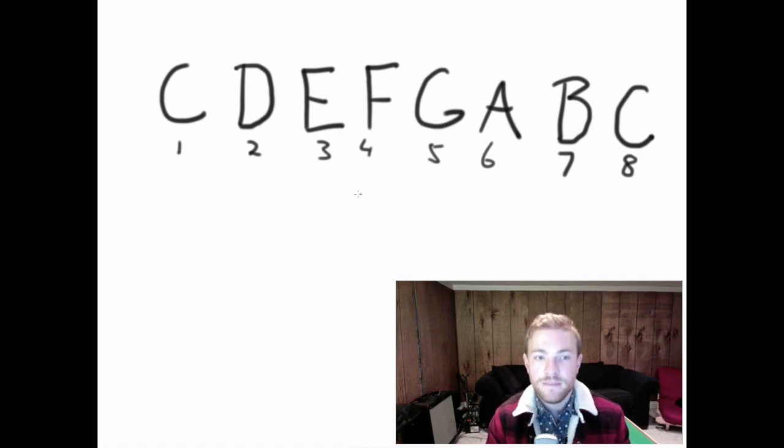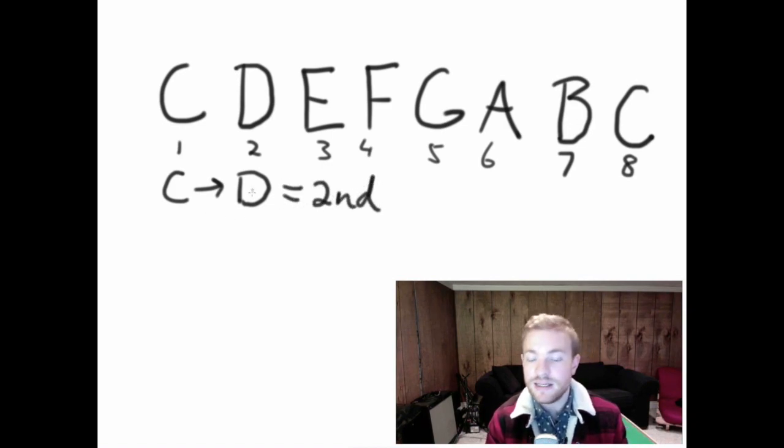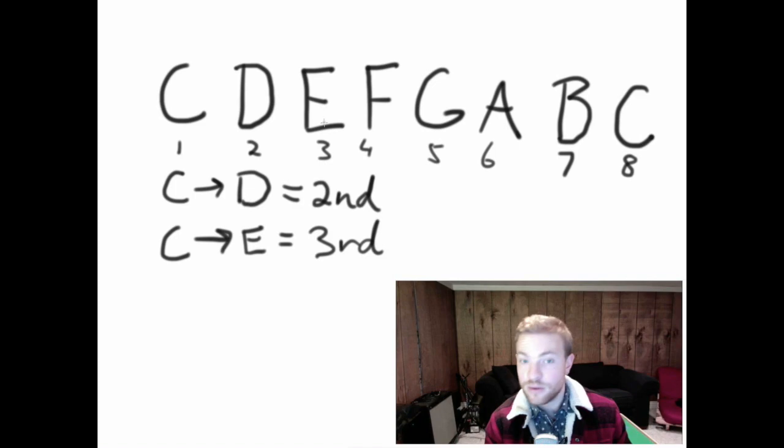So over time, the interval or the distance from C to D became known as a second, simply because D is the 2nd note of that scale. The interval from C to E became known as a third, because E is the 3rd note of the scale, etc., all the way on up.